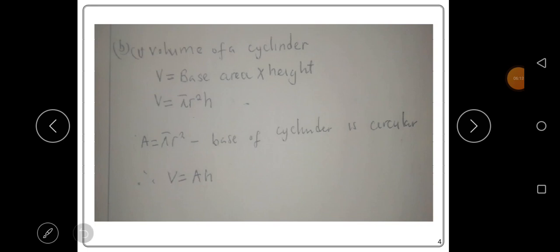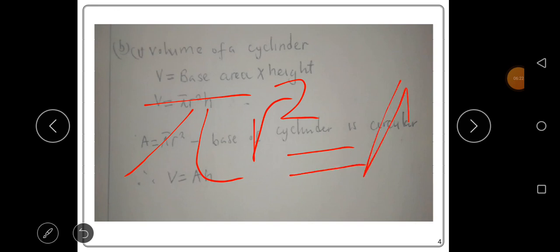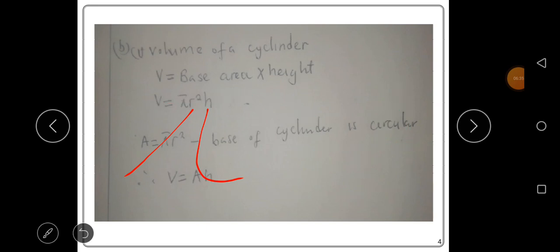So from the equation we have written here, we can tell that pi r squared is the formula for the area of a circle, because this cylinder has a circular base. So this is the formula. So we can tell that in this equation, pi r squared is representing area. Then height is what we already have in the equation.